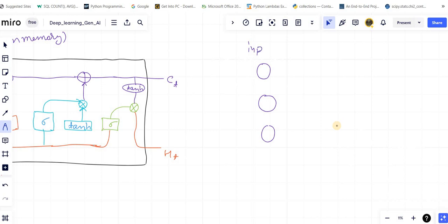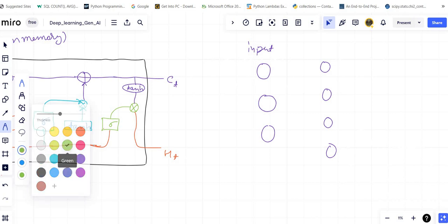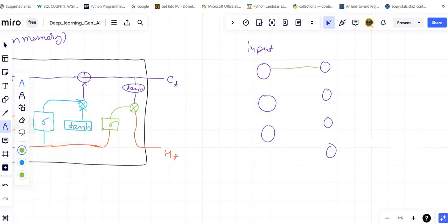So let us suppose here I have three inputs. The connections will look something like this.